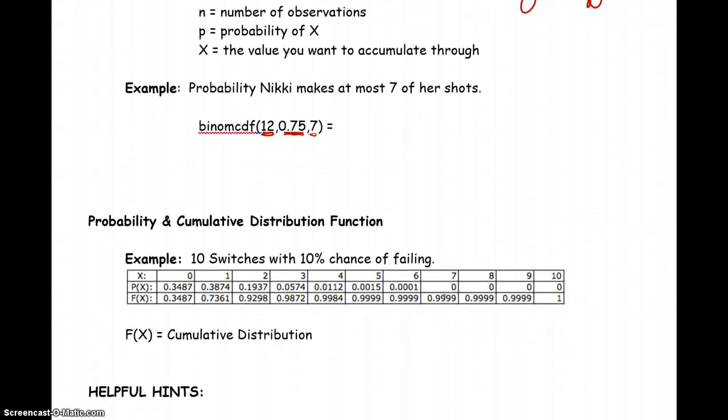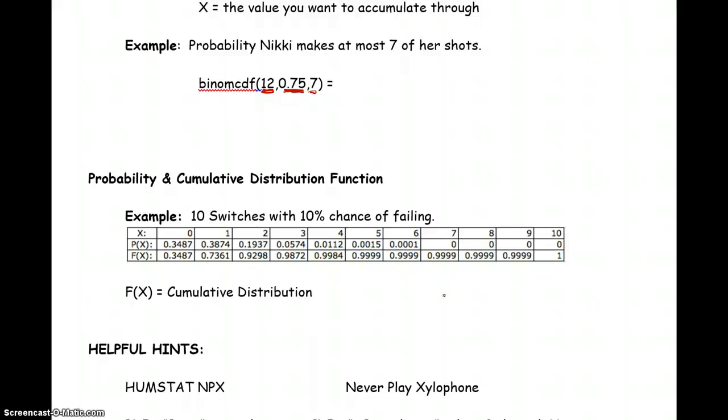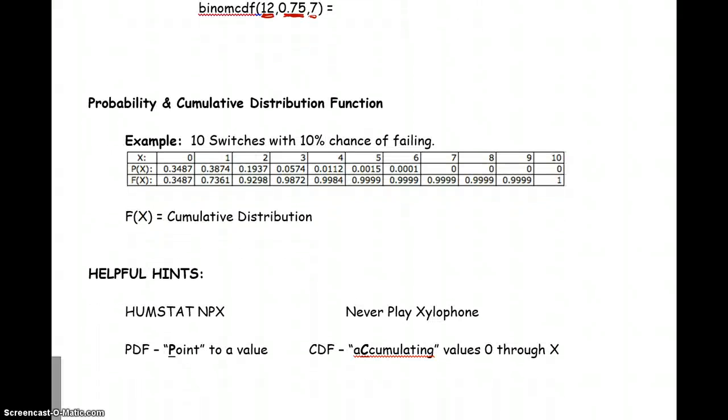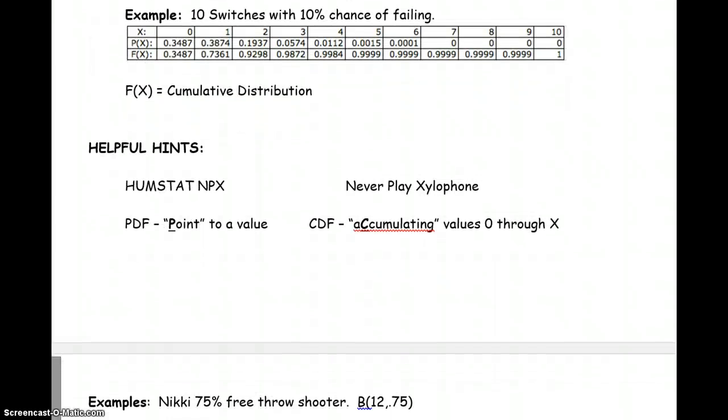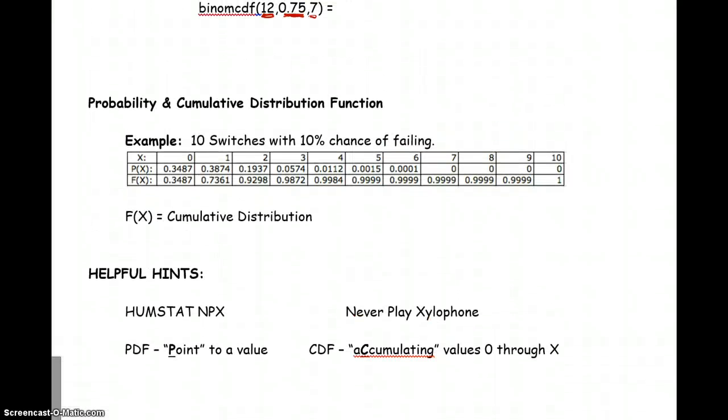If you want to make a distribution of this information, there are 2 ways you can go about it. This says you have 10 switches with a 10% chance of failing. This top part is what we did last chapter and up till this point: the chance of getting 0 bad switches, here it is; 1 bad switch, here it is; 2 bad switches, here it is.